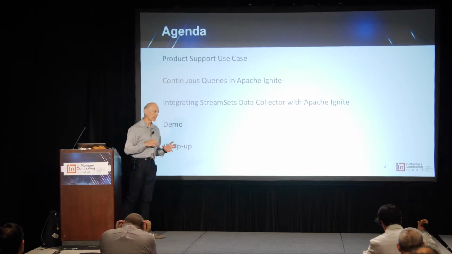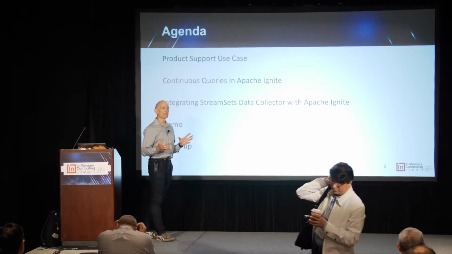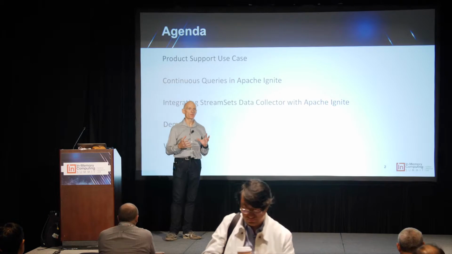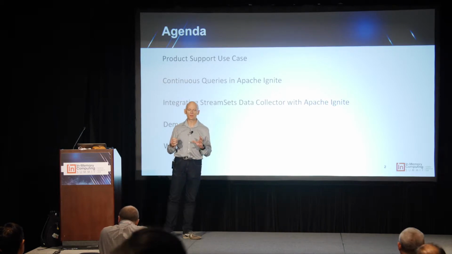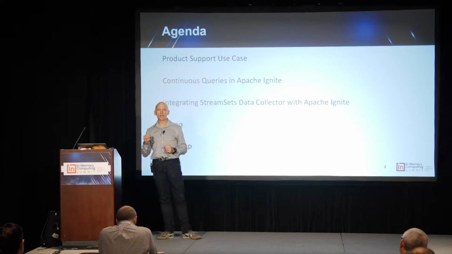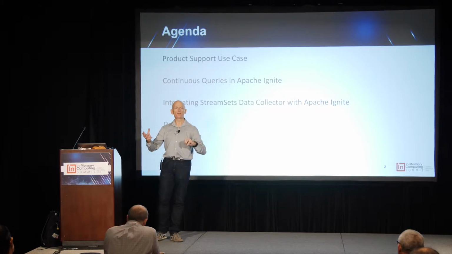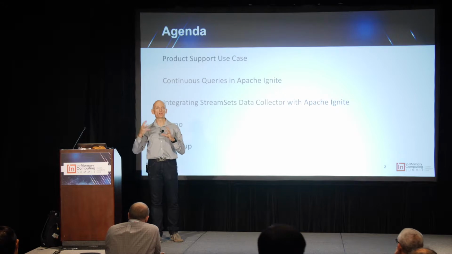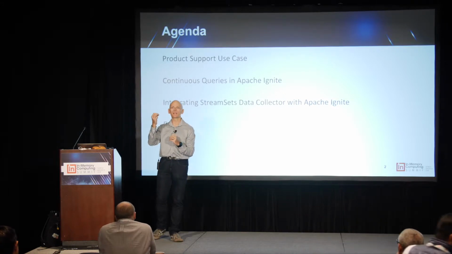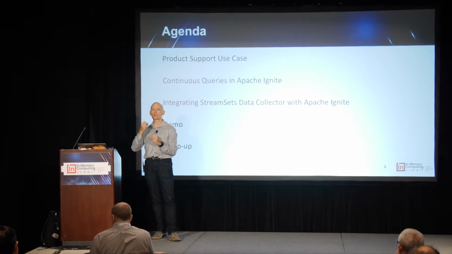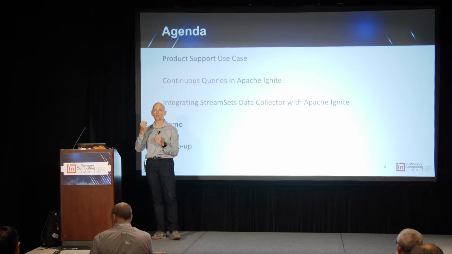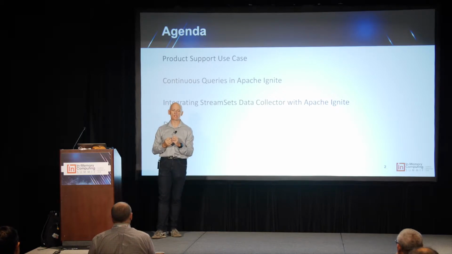So this is really the result of an exploration that I did over the past few months into working with Ignite. I used a product support use case where I wanted to bring different data from different sources into a single location so I could quickly run queries and drive activity, have notifications of changes.